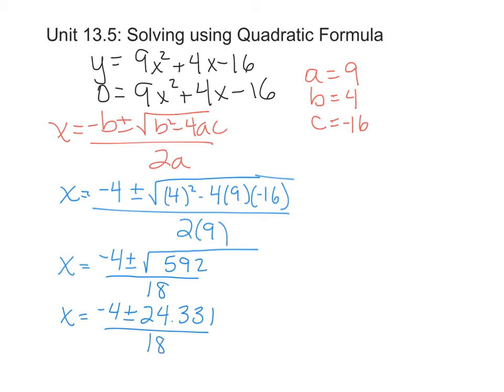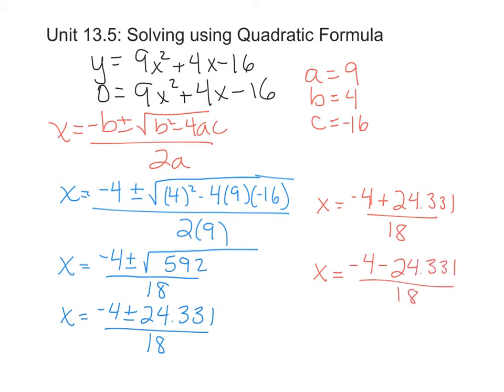Okay, so getting our two solutions, continuing on, x equals negative 4 plus 24.331 over 18, and x equals negative 4 minus 24.331 all over 18. You get two solutions just like so many of our problems.